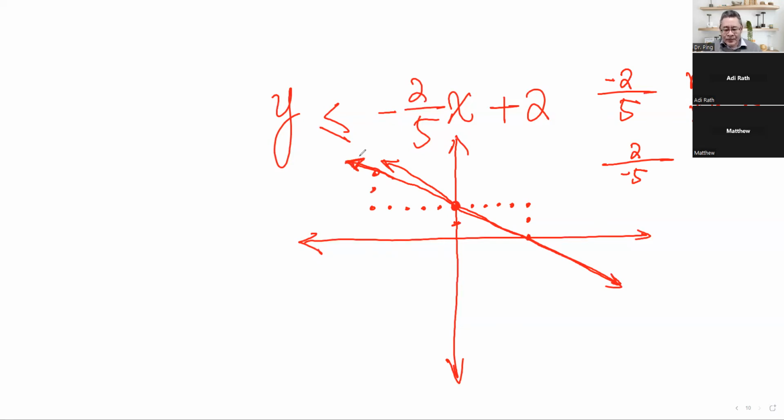Okay? And either one of those answers would be okay? Yeah, because on this, we are drawing the same line. We just find 2 different points. If we put the negative on the top, then we find this point. If we put negative on the bottom, then we find this point.